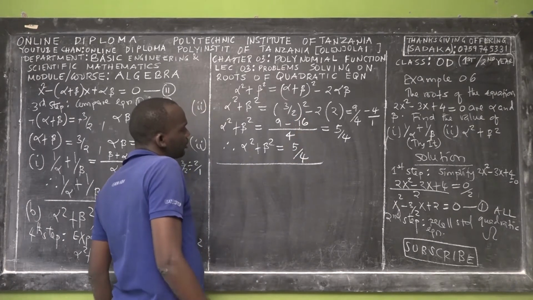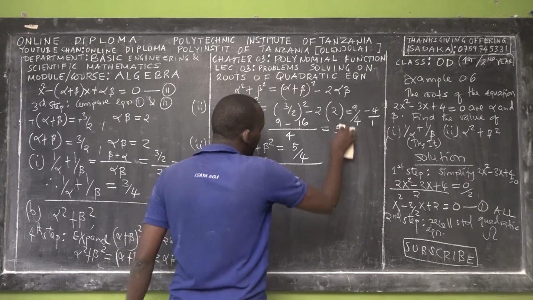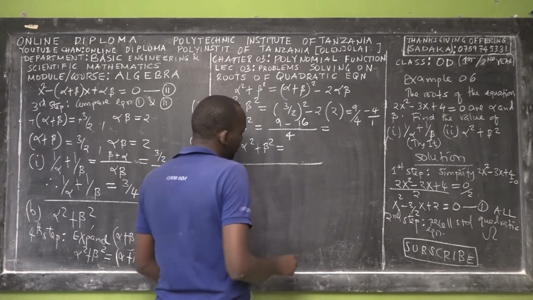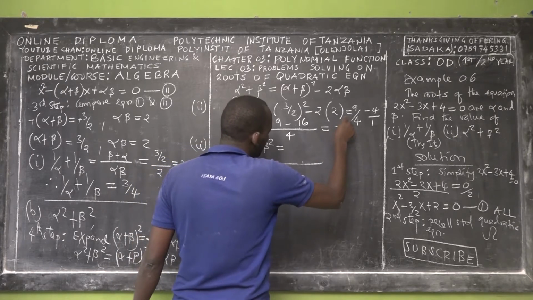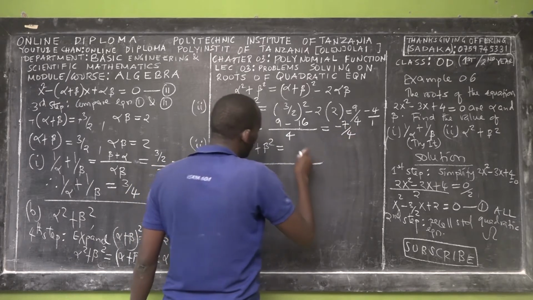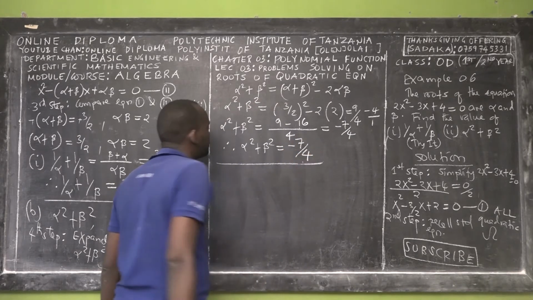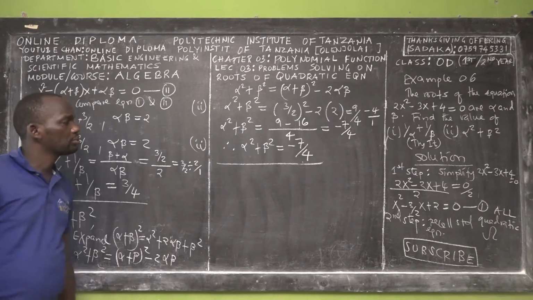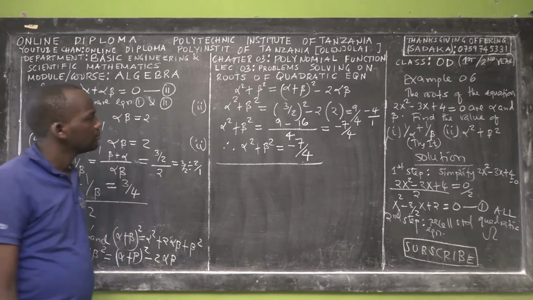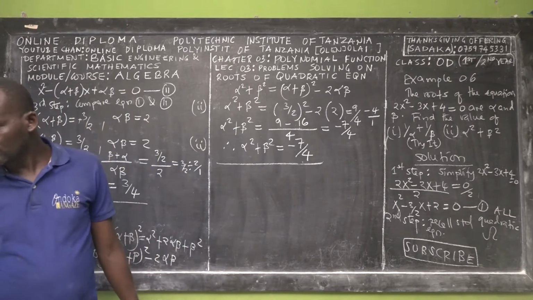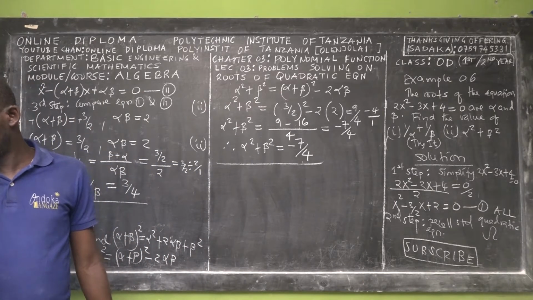So if we subtract, we find that the value of alpha squared plus beta squared is negative 7 over 4. That's the response. That's example 6.